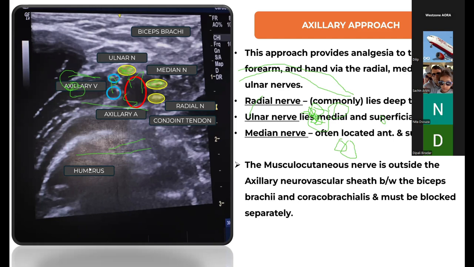So this is one technique we do, and if you are going to put an LMA, then we give a little bit of opioid, either fentanyl or remifentanil, whatever is available, and then give the block. If you're putting an LMA, to be exactly accurate, we give 2 mics per kg of fentanyl, and then insert the LMA.